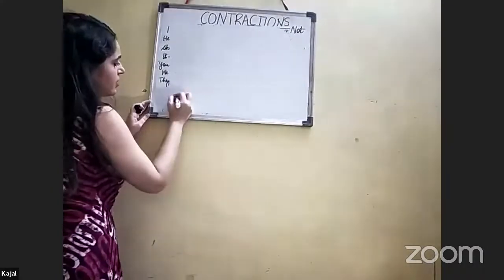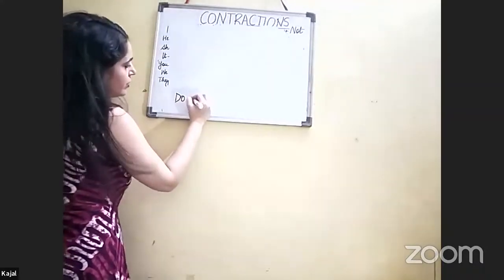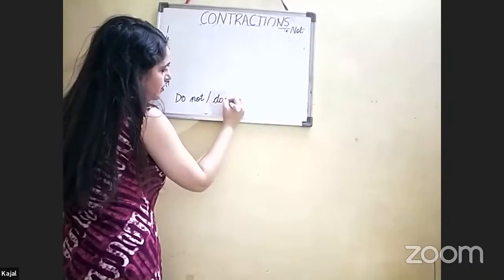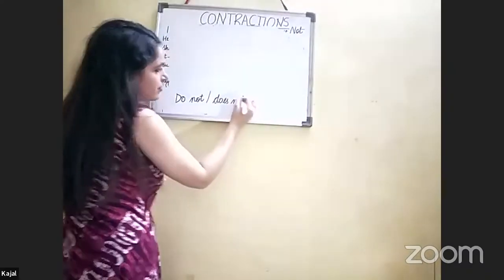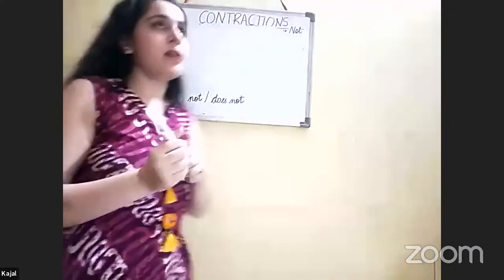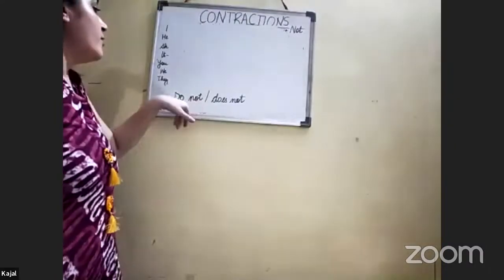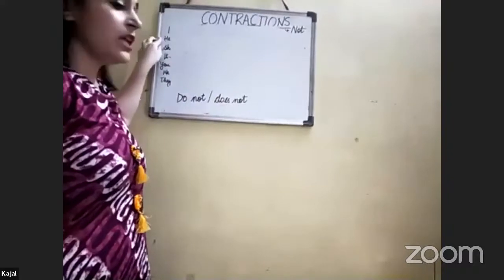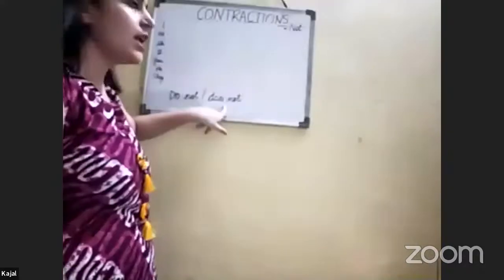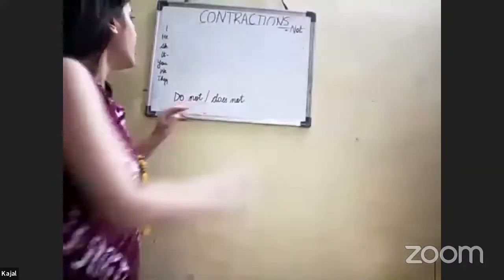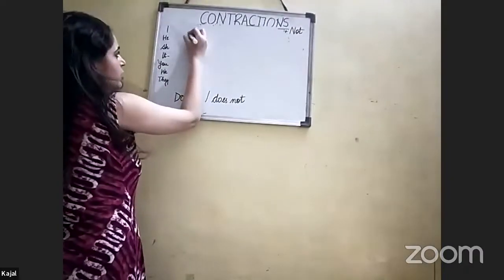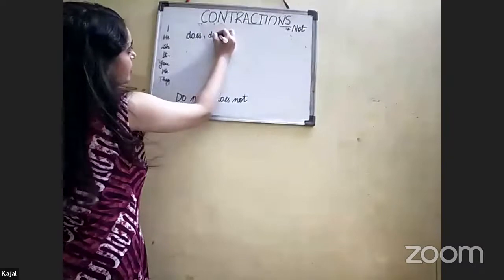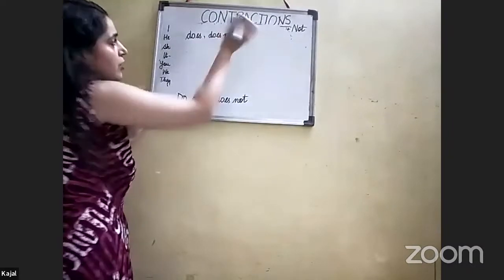So our next is do not and does not. Okay. So with the third person singular, we use he, she, it does not. He, she, it does not and does. Does and does not.